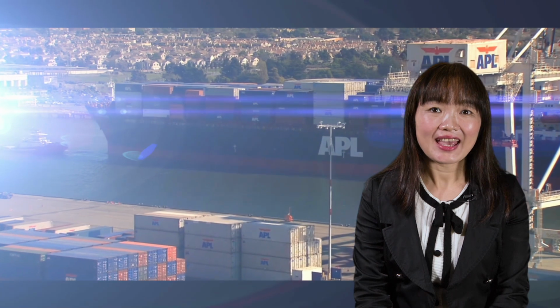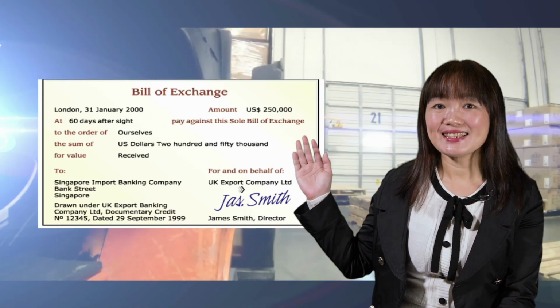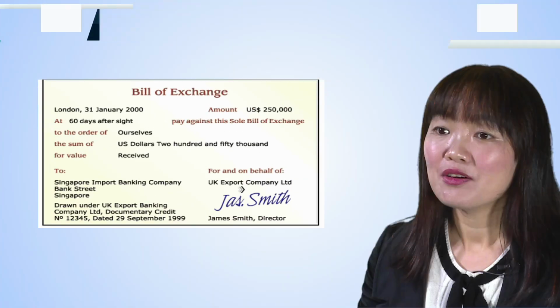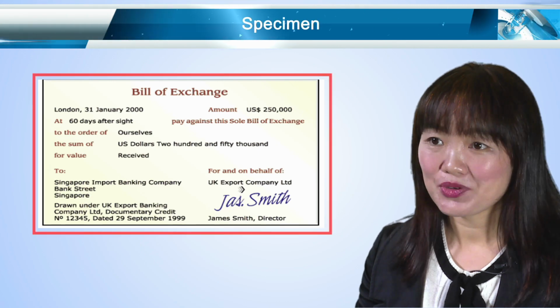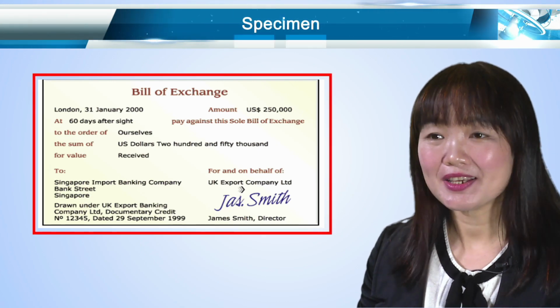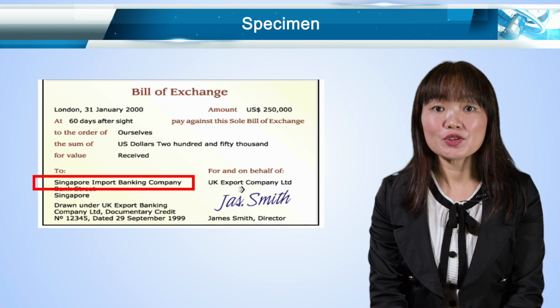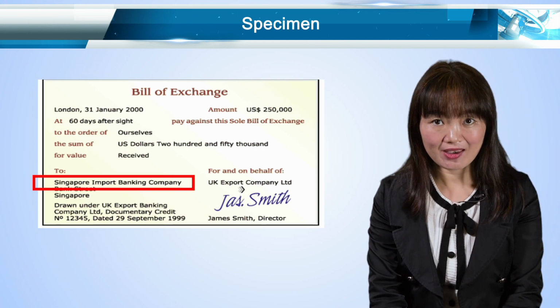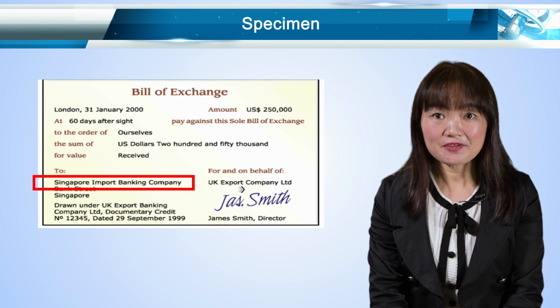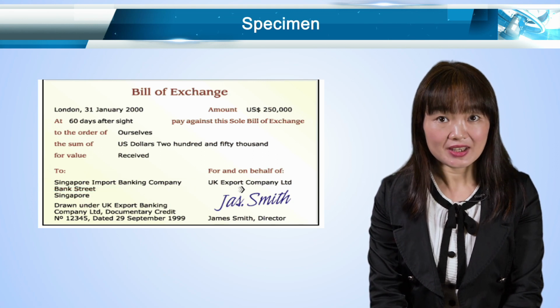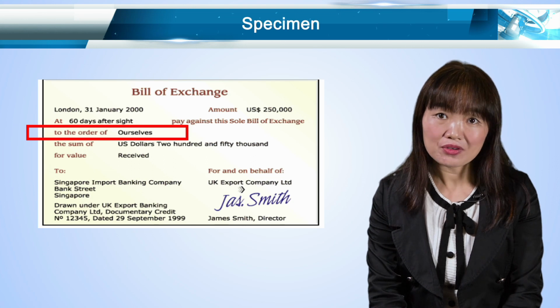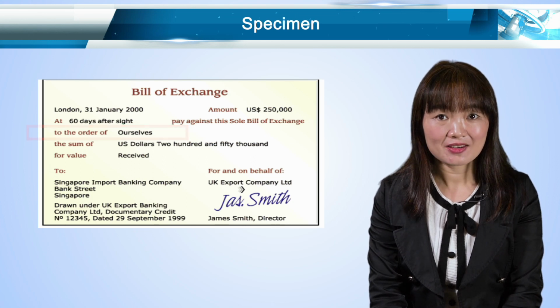Let's take a look at the specimen and list the above features. Firstly, it's in written form, a piece of paper. Secondly, it's addressed to Singapore Import Banking Company, a specific party. Thirdly, it's an order, to the order of ourselves to pay.